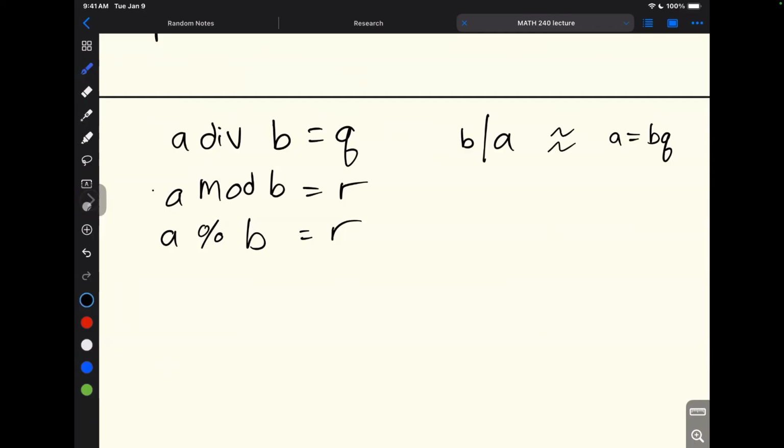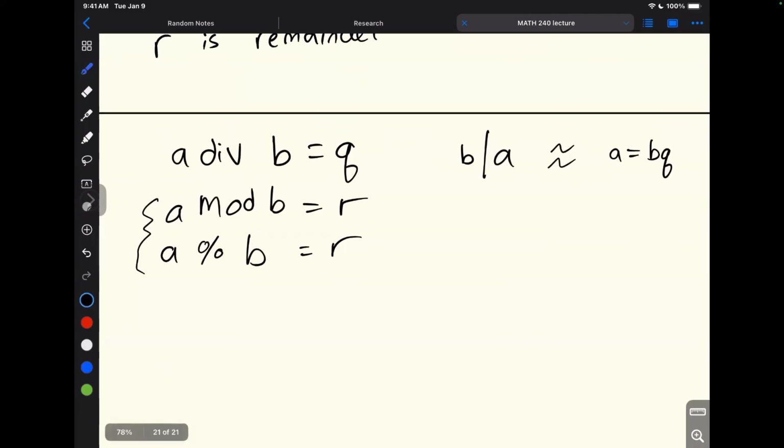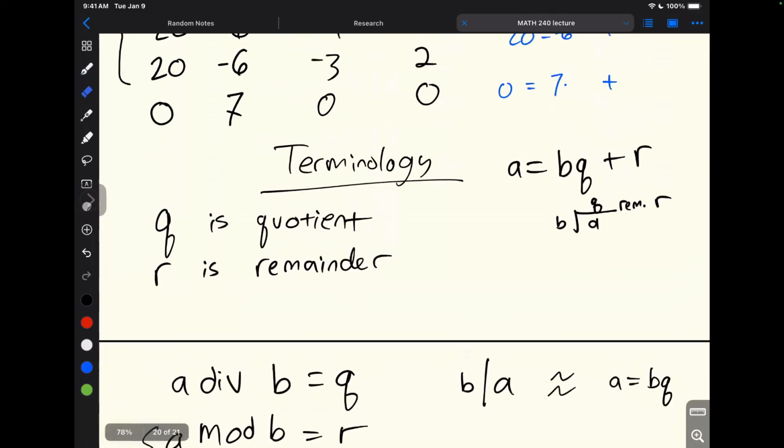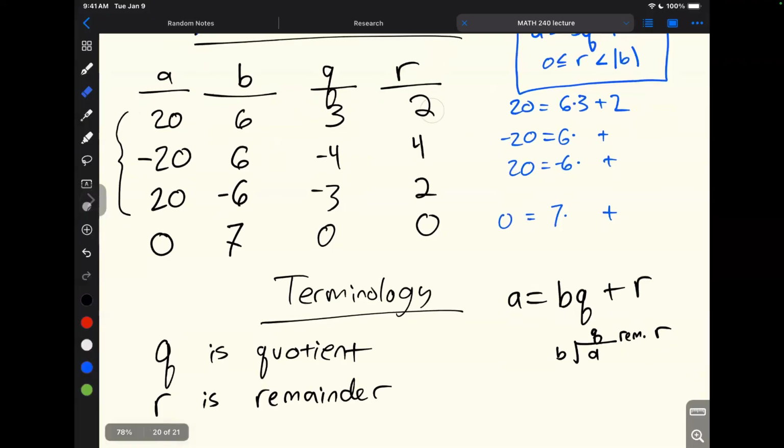It's the same thing as saying A mod B, right? And so the remainder is equal to A mod B.